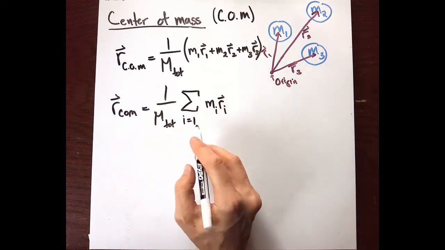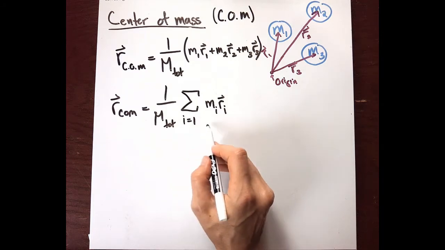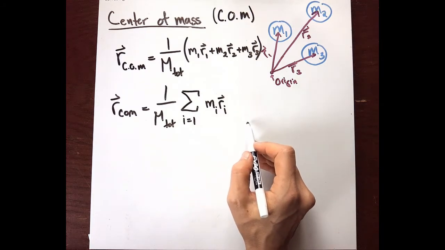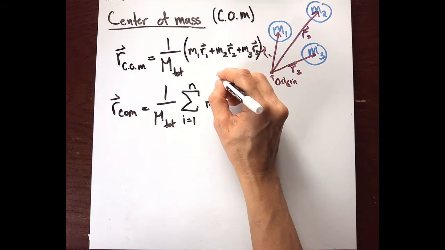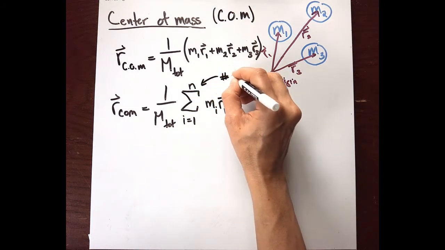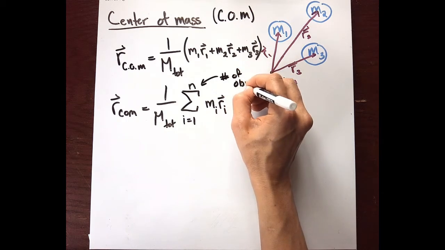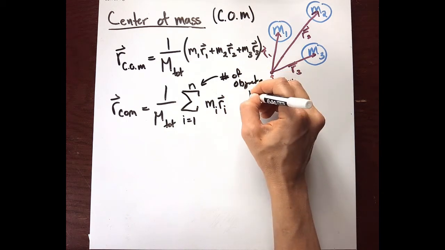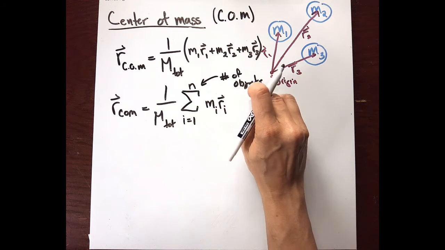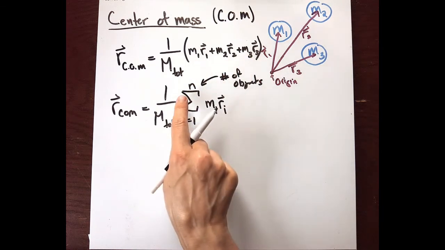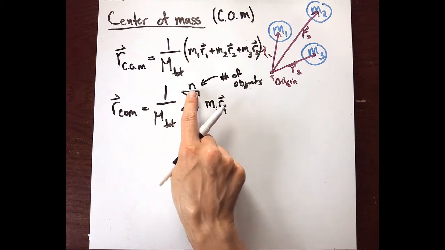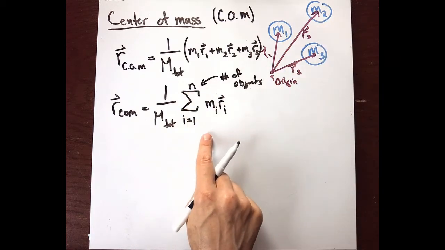And I'm going to sub in 1, and then 2, and then 3, and then 4 if I had more and more masses, and keep going until I get to the last mass. So that is the number of objects. That is what n is equal to. So this just is exactly the same thing here. For this particular case, n would be 3 because there are 3 objects in the system.